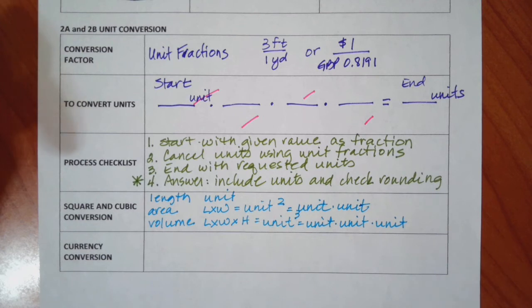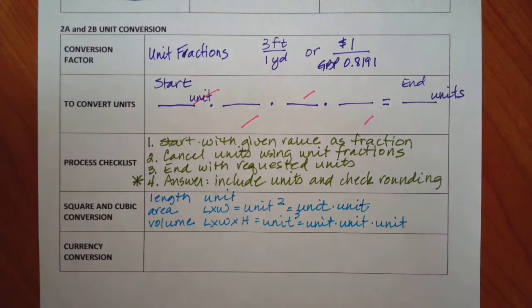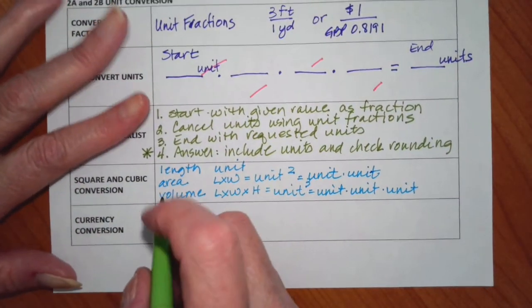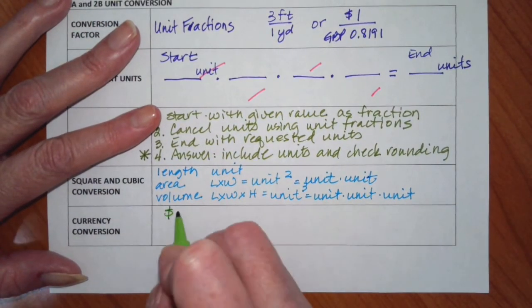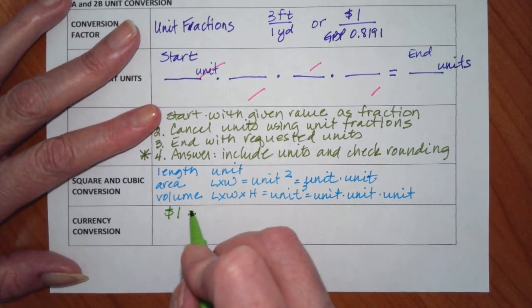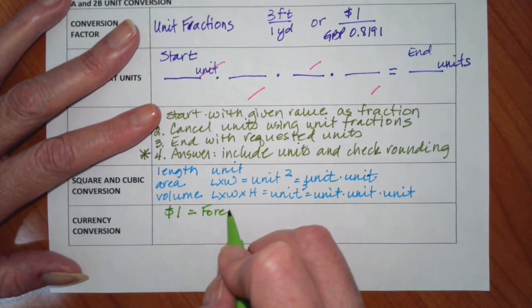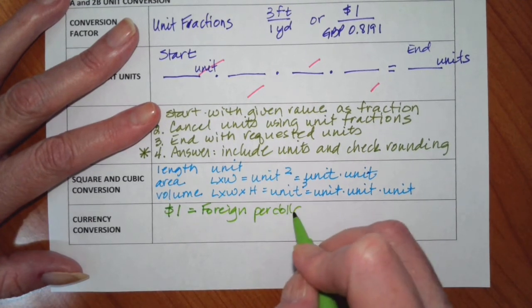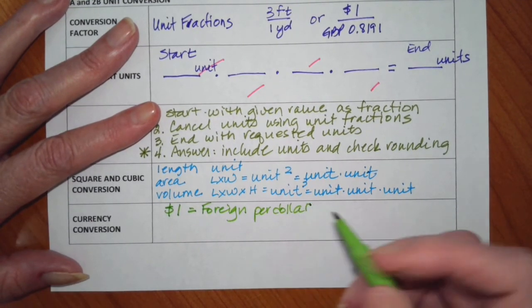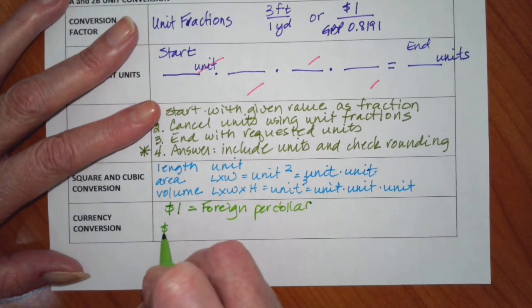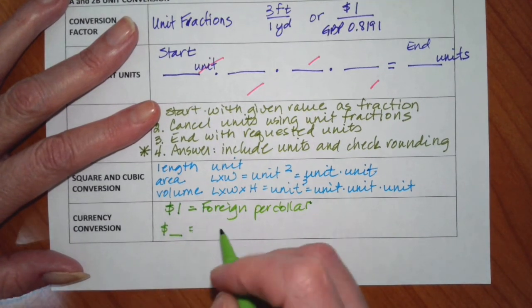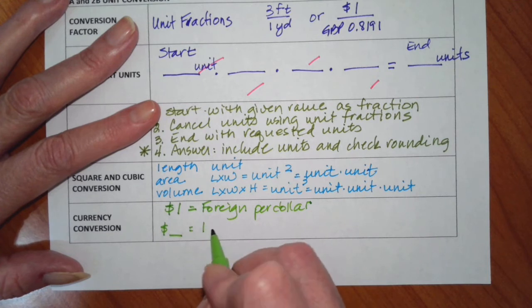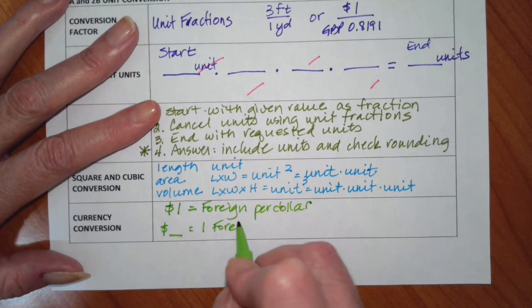Currency conversion, that one's a little bit trickier, but we're going to make it pretty easy on you. Is on your table, remember that it's $1 equals the foreign per dollar, or the US dollar is equal to 1 foreign dollar.